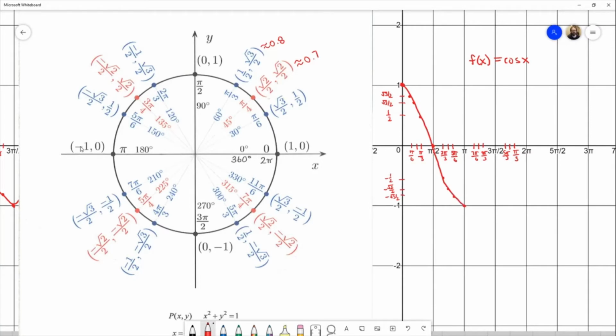The other half period, we could plot the points. Again, we're looking at the x-coordinates of these corresponding points. The angles here, the radian angles, will be our inputs, and x-coordinates of the corresponding points will be our outputs. And if we were to plot those points, I'll just plot them quickly.